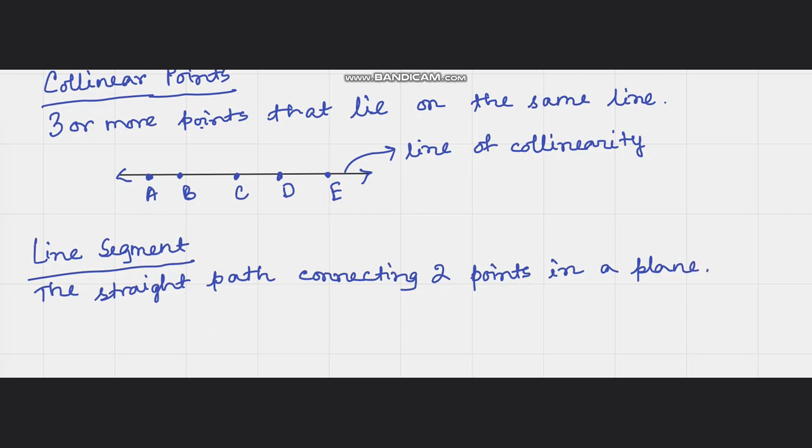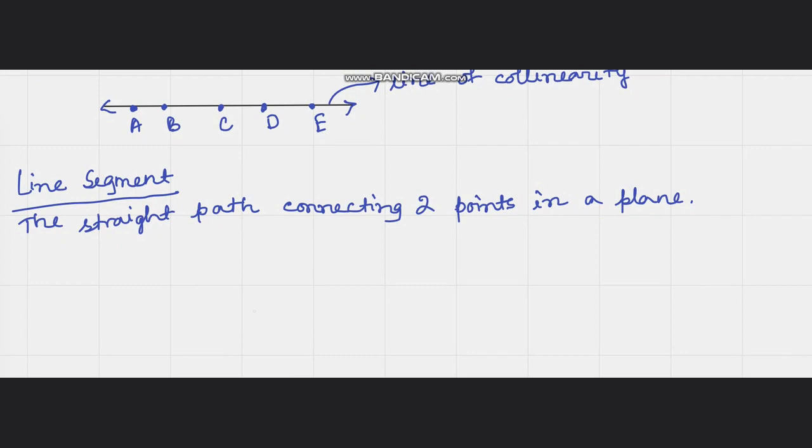Let us draw a line segment. Let us consider this as point A and this as point B. So AB is the line segment.